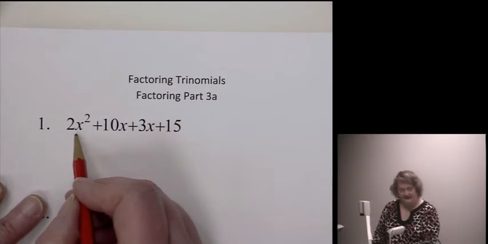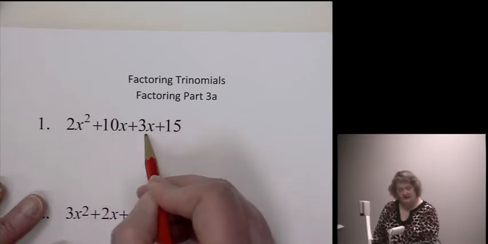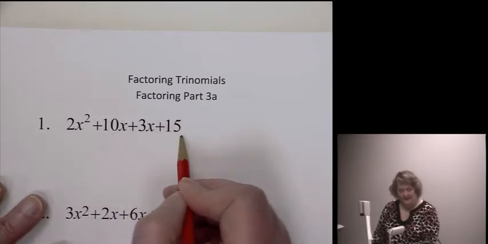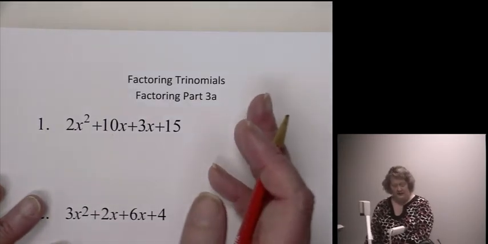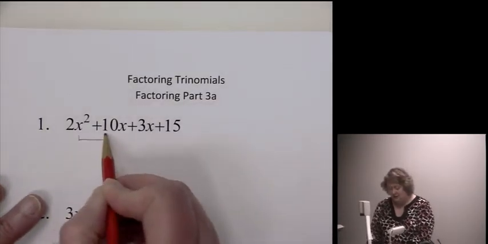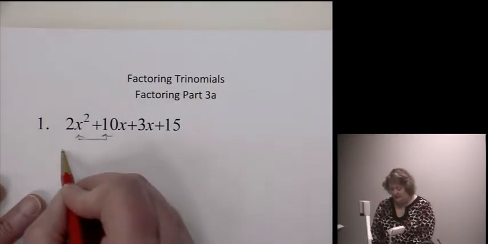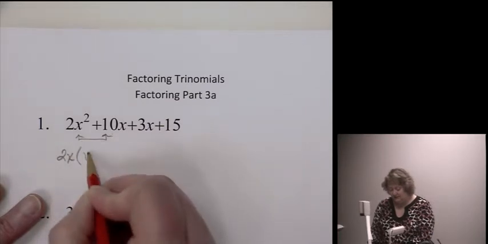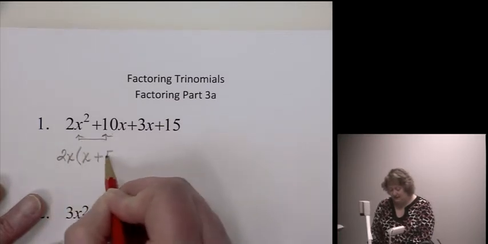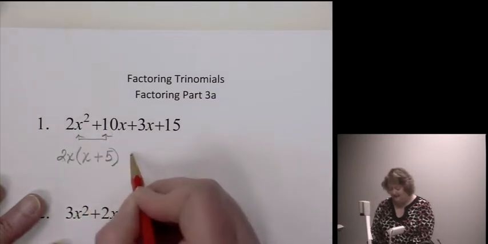We've got 2x squared plus 10x plus 3x plus 15. If we were factoring this using factoring by grouping, we would look at the first two terms and factor out the common factor, which would be 2x, and we would be left with x plus 5, with the 2 going into the 10 5 times.